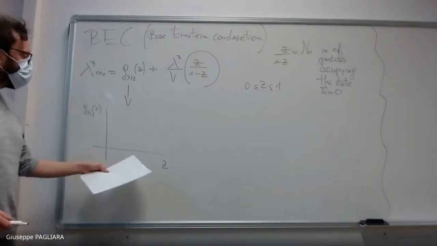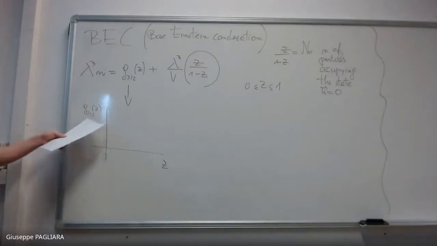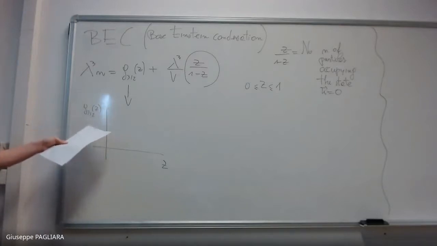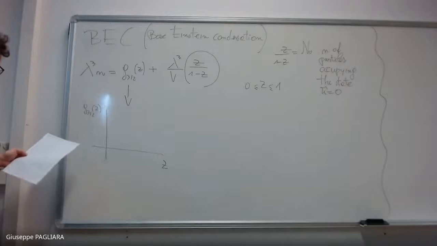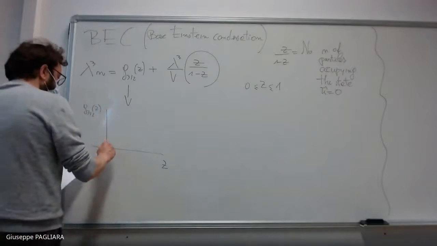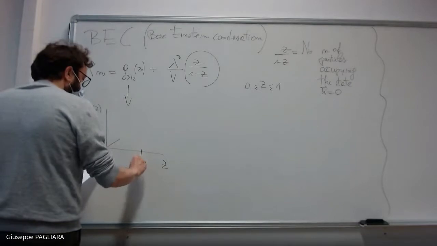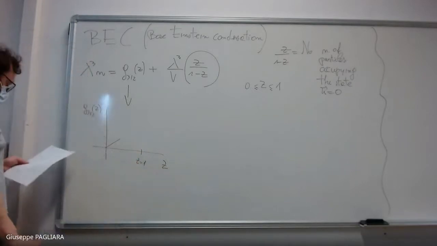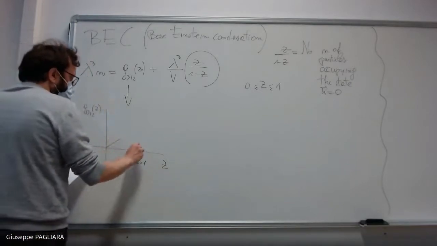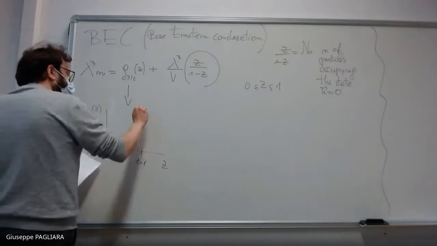When z is close to 0, we see that the leading term is linear in z, so therefore this is close to 0 at z. And so it will be something like this. And for z equal to 1, which is the maximum value that this variable can have, we see that the behavior of this function is the following.